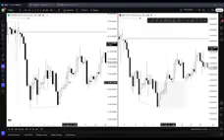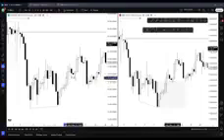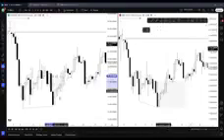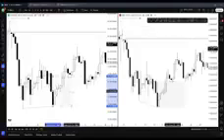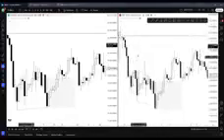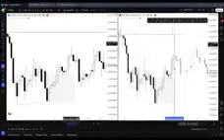If we zoom in right here, you can see that NQ failed to take out this candle range low. It tested this order block already, but NQ failed to take out this candle range low. Whereas on ES, we took out this low, which led to this divergence right here.